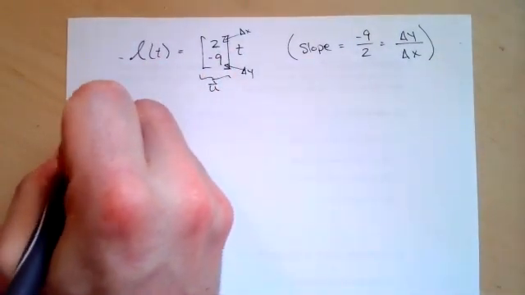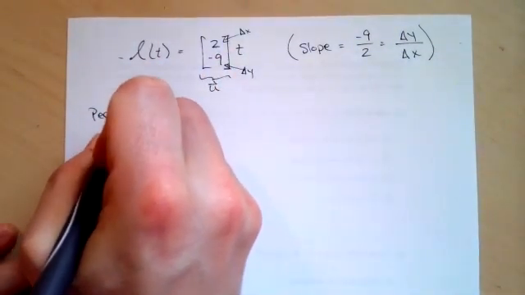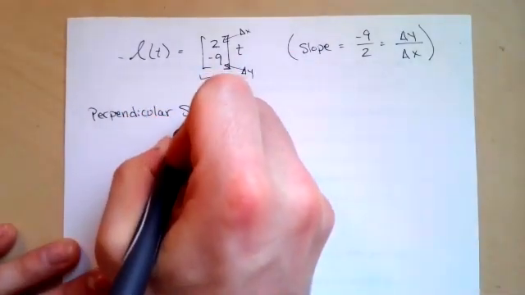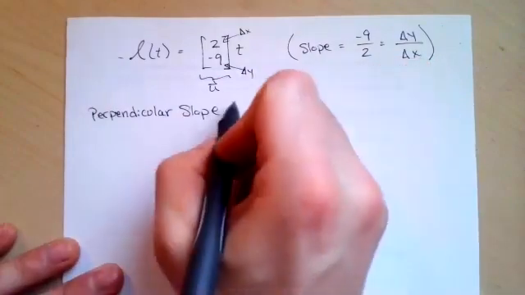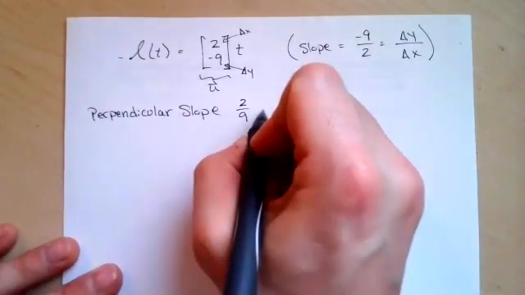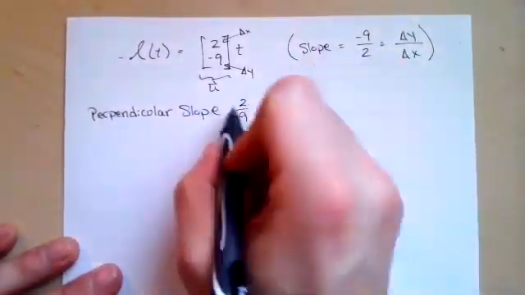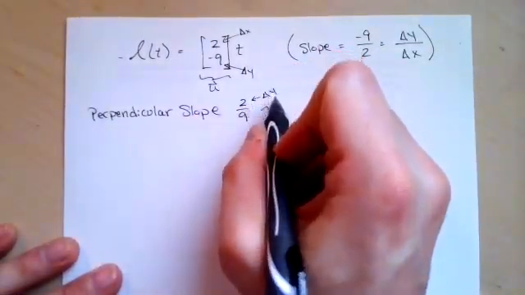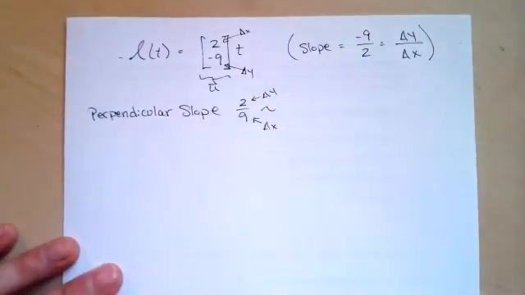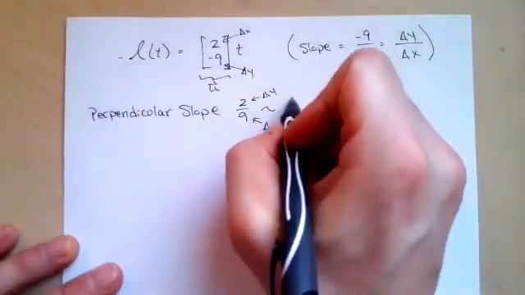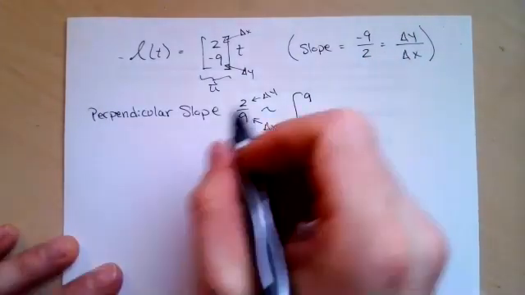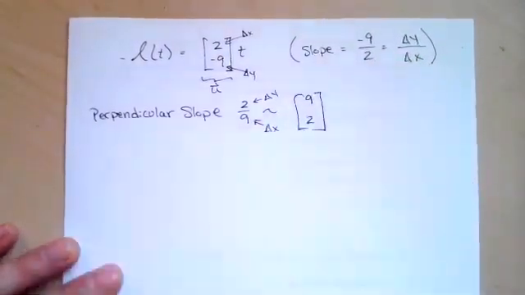So perpendicular should be something like 2/9, which is then going to correspond to what vector? Again, this is our change in y over our change in x. So the vector corresponding to a slope of 2/9 is going to be 9, change in x, 2, change in y.